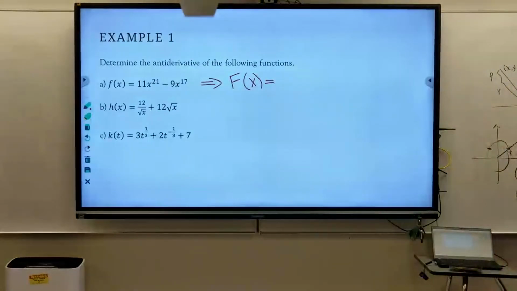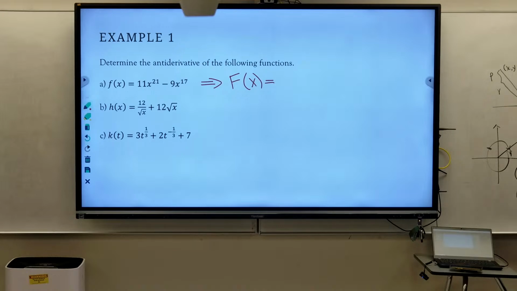If I want to find the antiderivative of this, earlier we talked about how we would go in the reverse direction of the power rule. What was that order again? What was the opposite of the power rule? Did I add, subtract, multiply, divide? Yeah, add 1 to the power, divide by the new power.